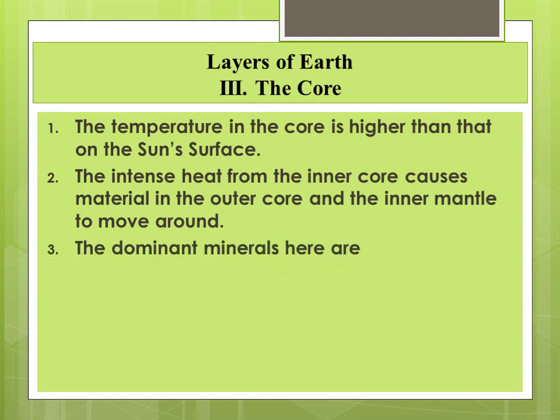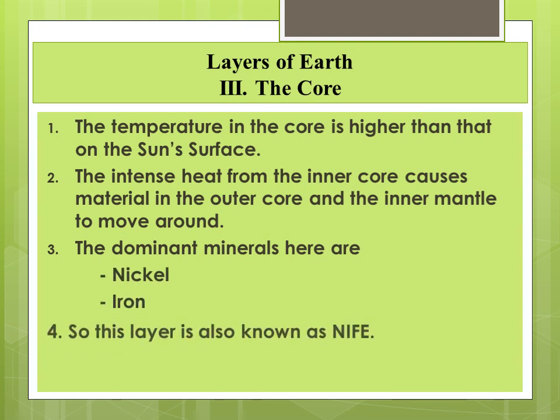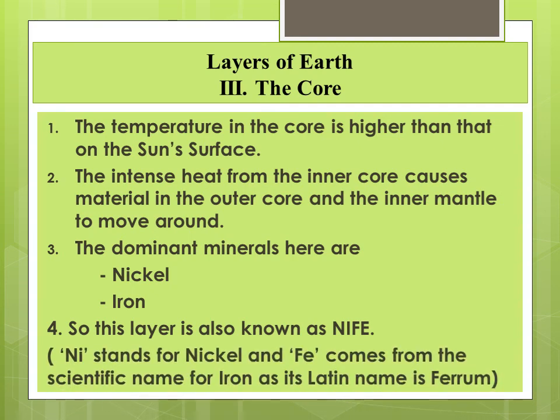The dominant minerals here are nickel and iron. So this layer is also known as the NiFe. Ni means nickel. Fe comes from the scientific name for iron, the Latin word ferrum.